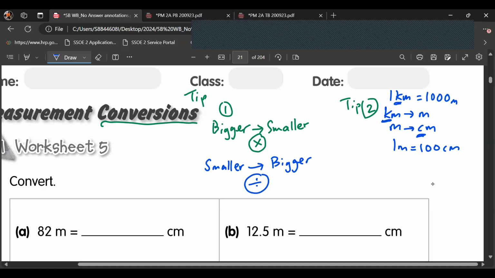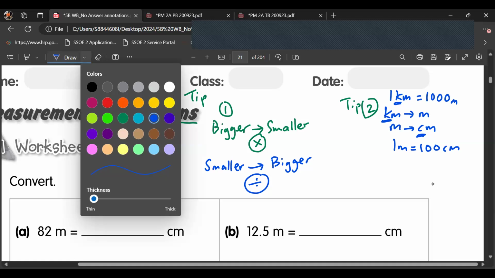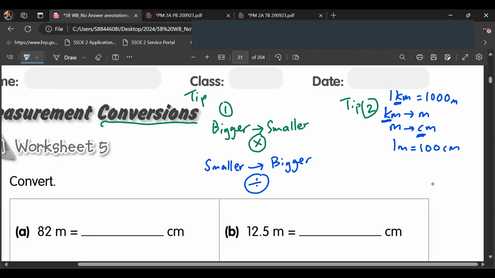Can you understand? This is one of the most confused units of measurement. Very important, I'll highlight it. 1 meter is 100 centimeters. 1 kilometer is 1,000 meters.